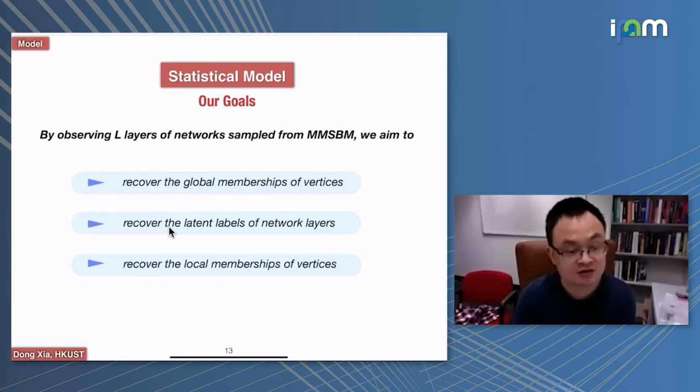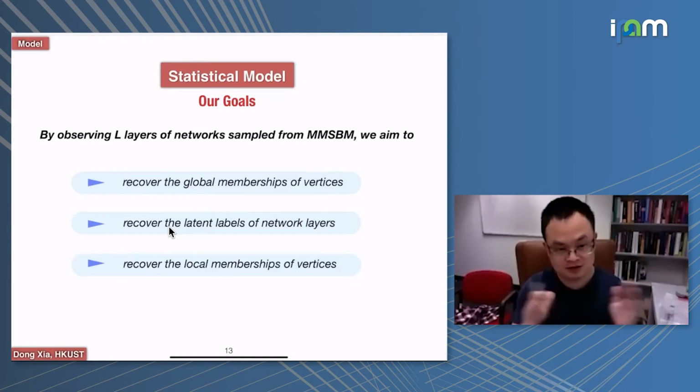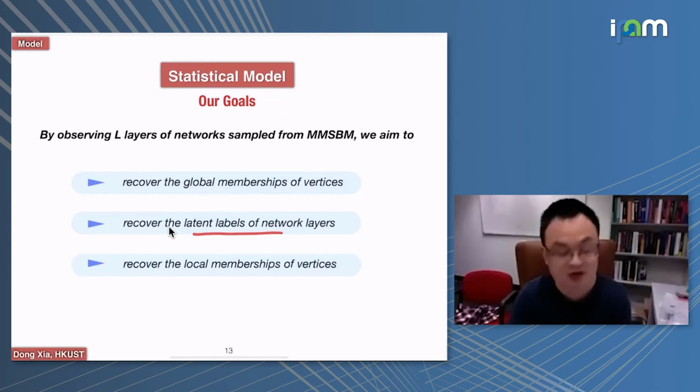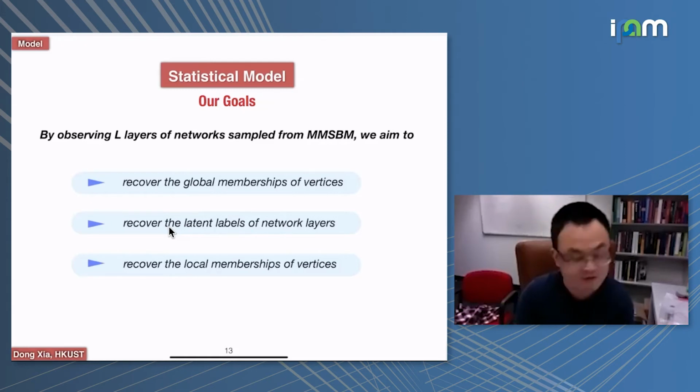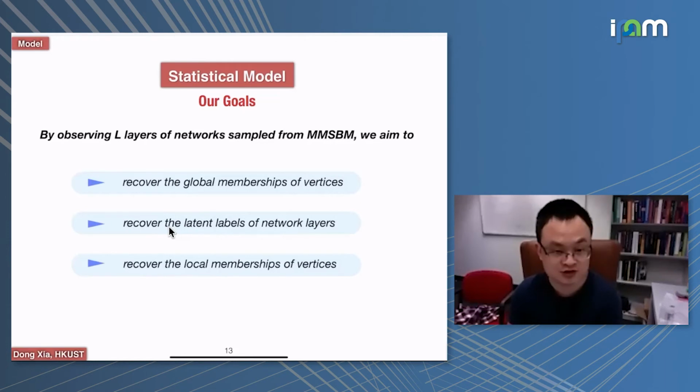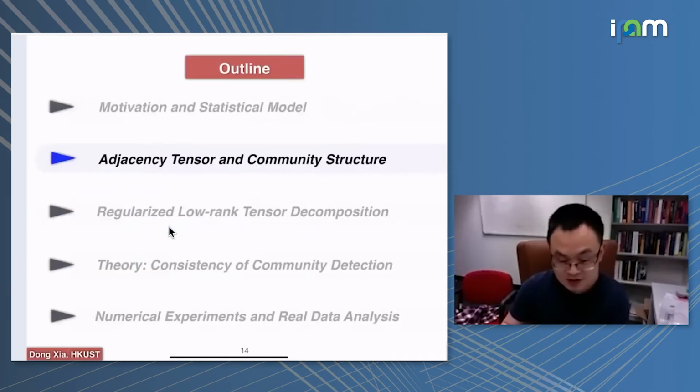The second task is to recover the labels of network layers. In other words, we want to identify which layers are sampled from the same class of models. After that, we can also try to recover the local memberships of vertices. Okay, so this is our goal.